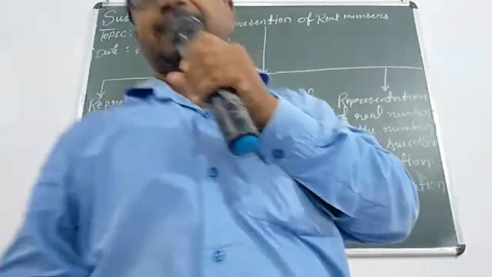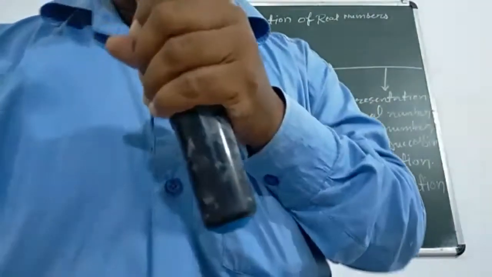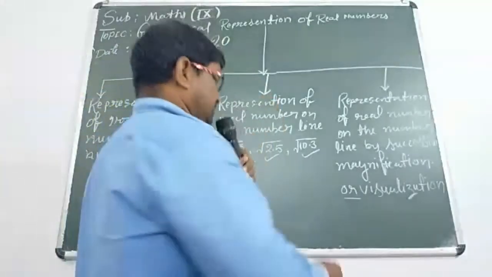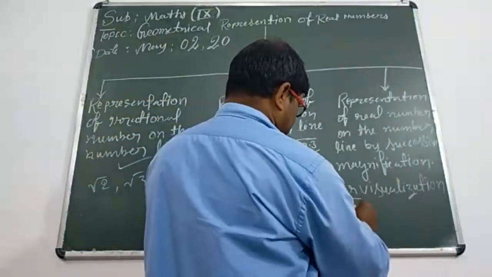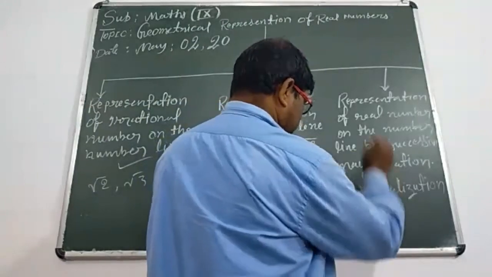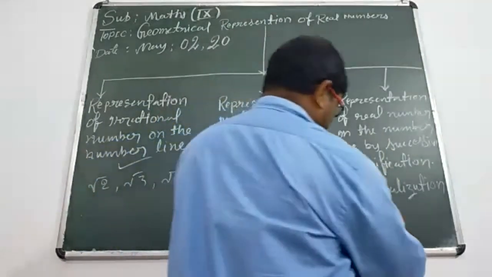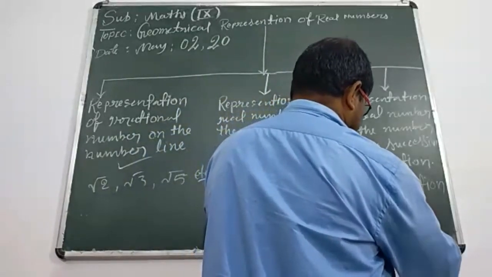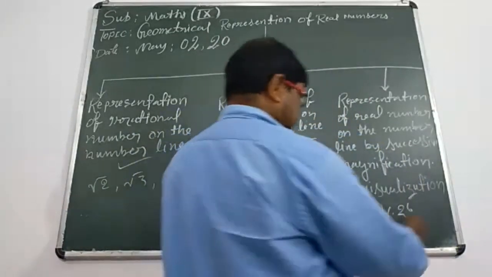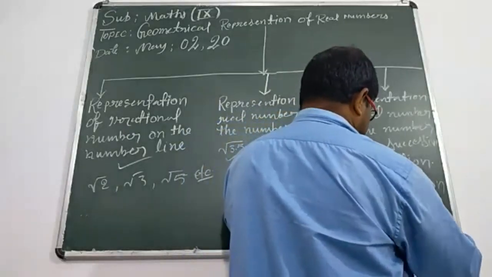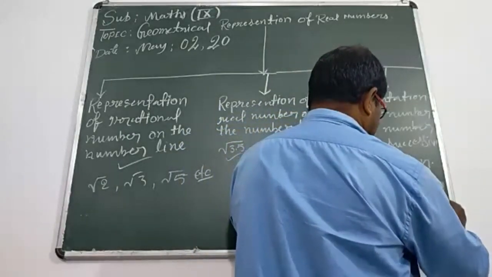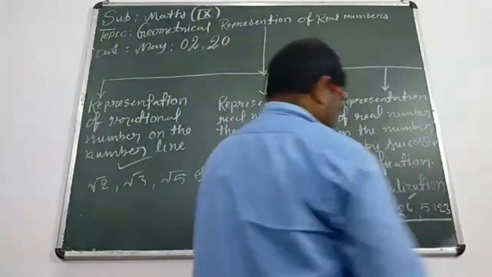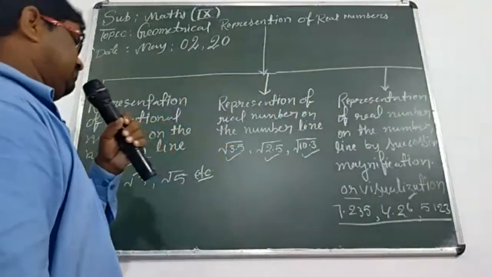Which type of number will be in the visualizing method? 7.235, 4.26, 5.123, etc. This type of number we will represent on the number line.